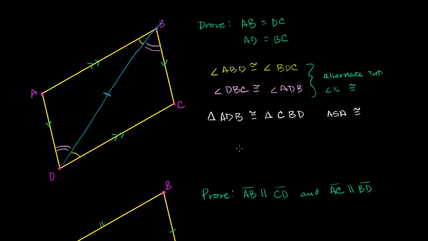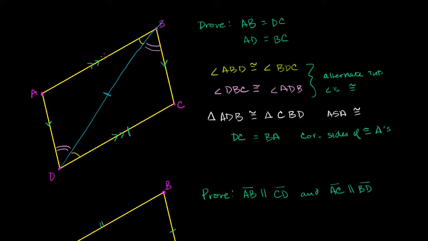Well, what does that do for us? Well, if two triangles are congruent, then all of the corresponding features of the two triangles are going to be congruent. In particular, side DC on this bottom triangle corresponds to side BA on that top triangle. So they need to be congruent. So we get DC is equal to BA, because they are corresponding sides of congruent triangles.